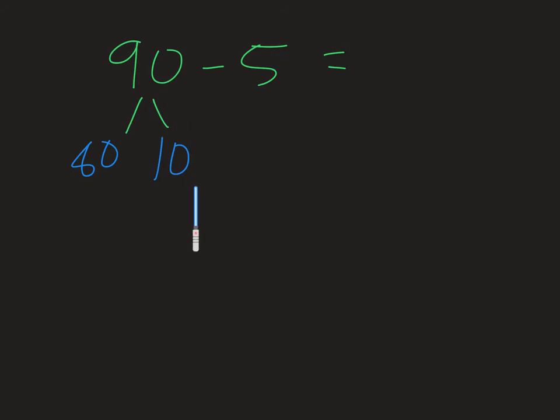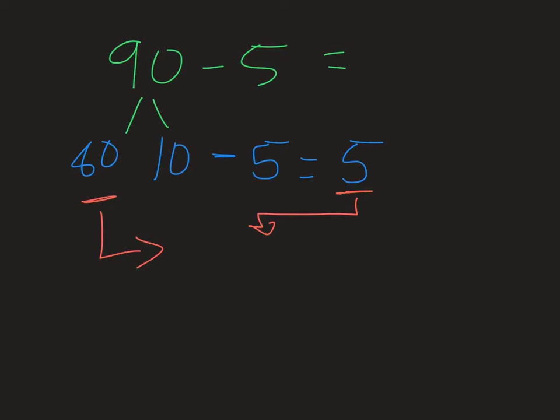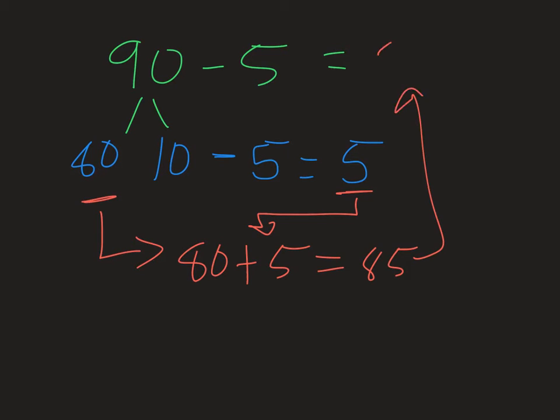We just bring the zeros for both to make sure that we keep our places correctly. So then we do 10 minus 5, because that's the easy question we know, which equals 5. And now we need to add together the numbers we have remaining, which would be 80 plus 5, which equals 85. And 85 is the right answer.